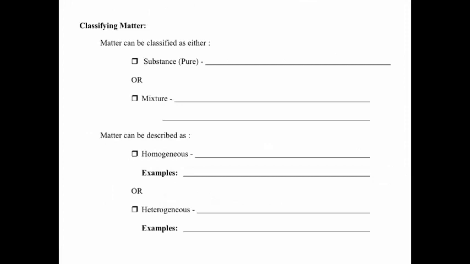Matter can be classified as a pure substance. Those are only elements and compounds. Or they can be mixtures. So they're any combination of elements, compounds, molecules, things like that.